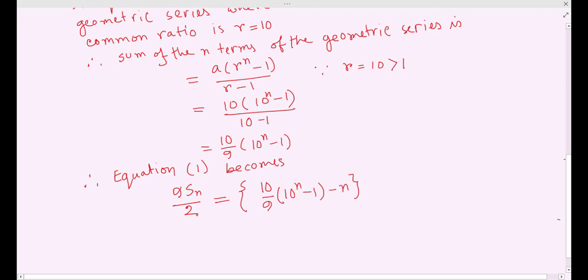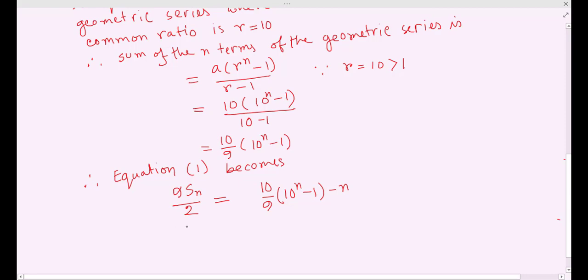So we can remove the second bracket here. So 9 by 2 Sn equal to 10 by 9 into 10 to the power n minus 1, minus n.